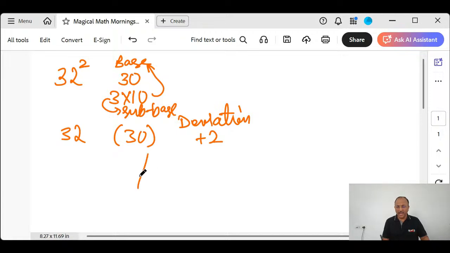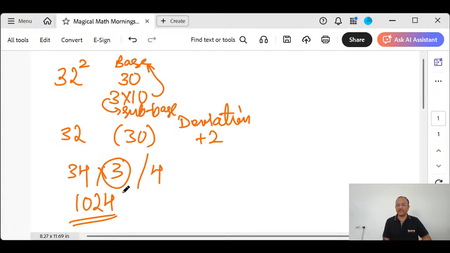So again the answer will be comprising, because the base is having one 0, we'll be writing a single digit on the right. But 34, when we have it with the sub base, that is 3, we should multiply. 34 3s are 102 followed by 4. This is one step that we'll be doing extra compared to the previous method.